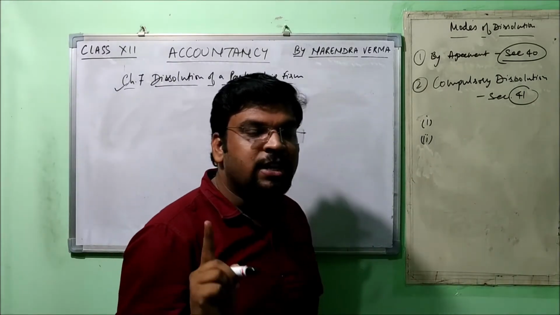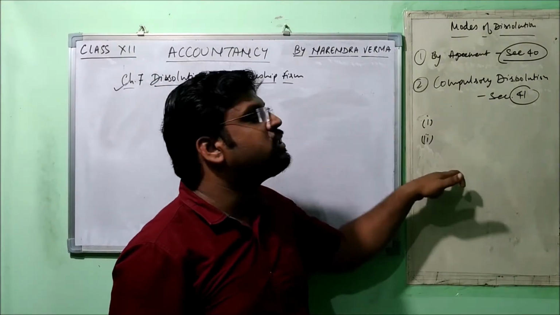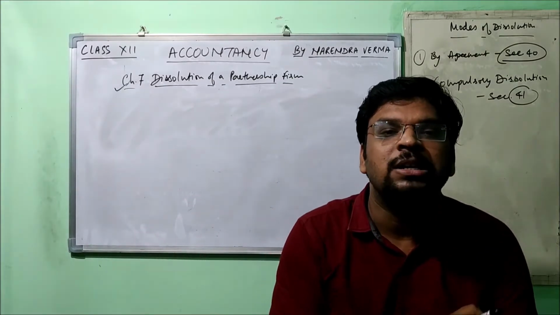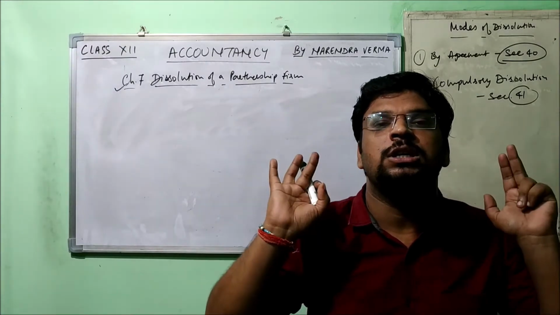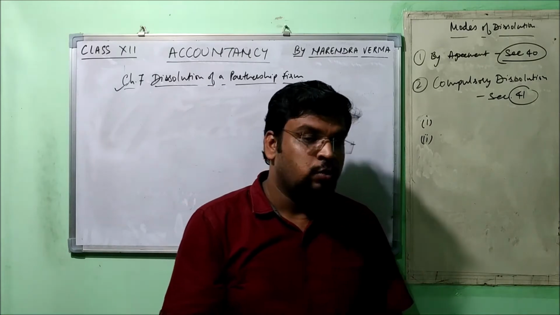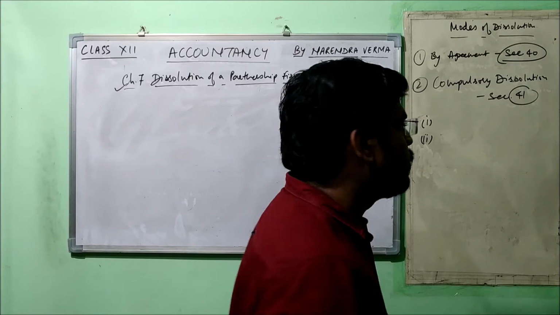If a partnership firm's business falls under any of these situations, then the firm is dissolved compulsorily, right? It is considered dissolved according to the act. So you must be excited to know what these situations are. I just write them down here.